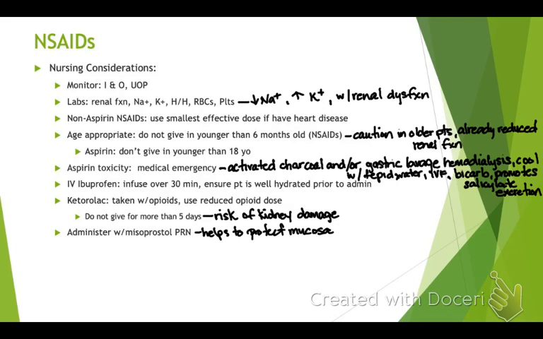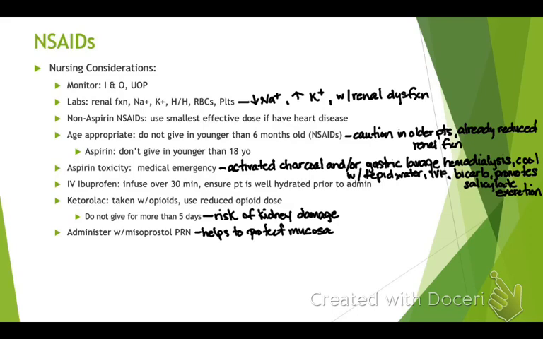You can have a decrease in sodium and an increase in potassium with NSAID use because of the renal dysfunction that it is prone to cause. Your non-aspirin NSAIDs, you want to use your smallest effective dose if they have some type of heart disease.